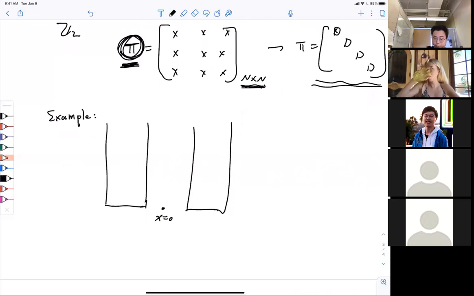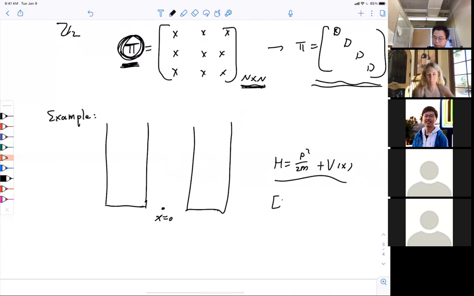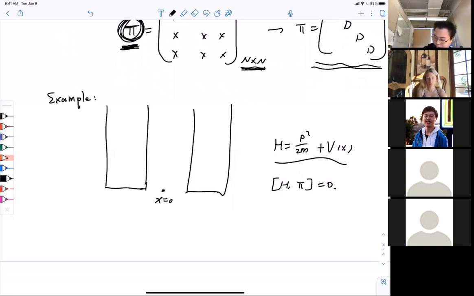If we look at the ground state, by the way, this Hamiltonian is like this. Definitely, it has this parity symmetry, it is invariant under parity operation.